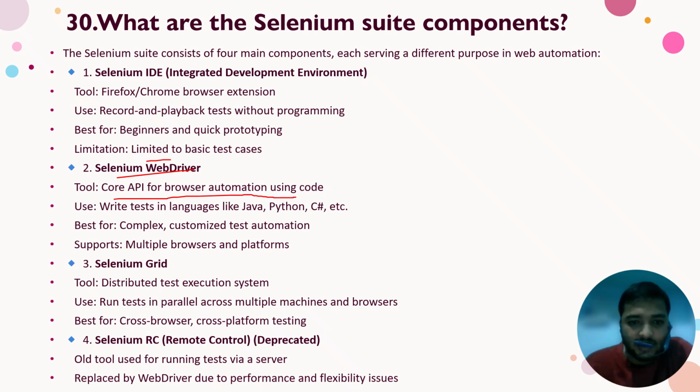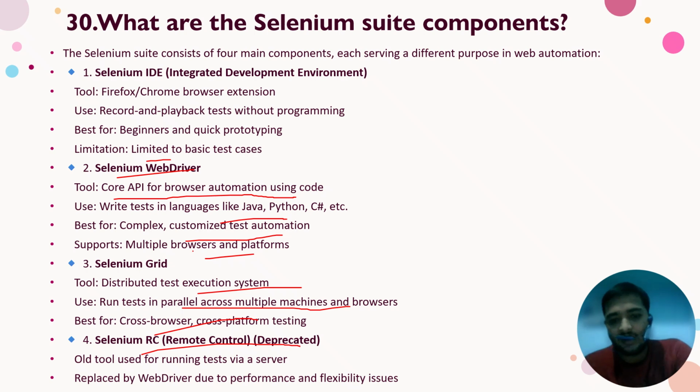We use languages like Java, Python or C Sharp, best for customized test automation, and it supports multiple browsers and platforms. Selenium Grid, a distributed test execution system that runs tests in parallel across multiple machines and browsers, enabling cross-platform testing. And Selenium RC, the remote control, an old tool used to run tests via a server, replaced by WebDriver due to better performance and flexibility. Thank you for watching.